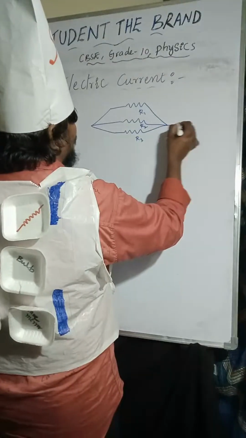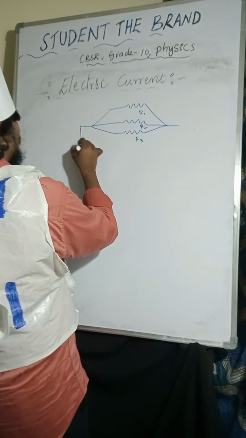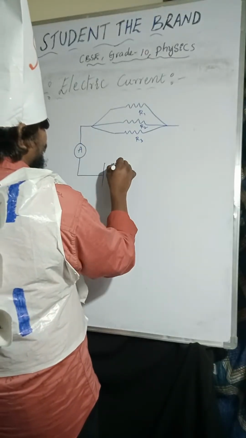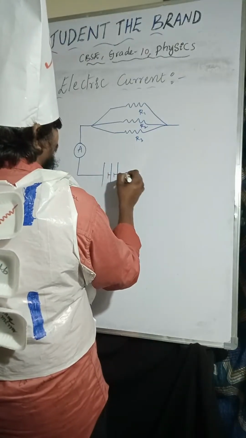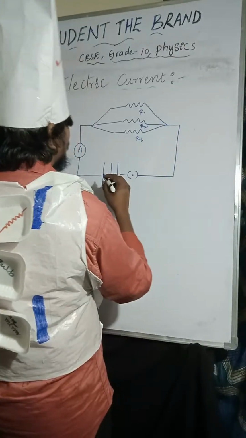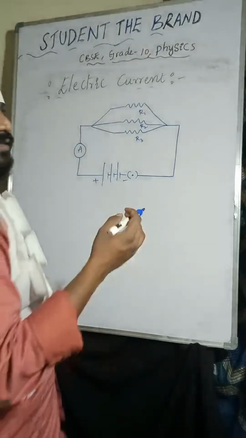Now I am connecting this to the battery. So ammeter, so battery I am connecting. Positive terminal, negative terminal. Current is flowing.